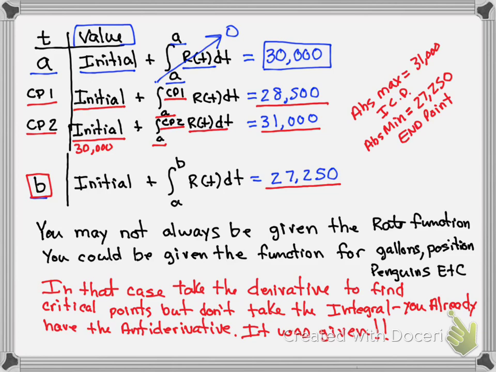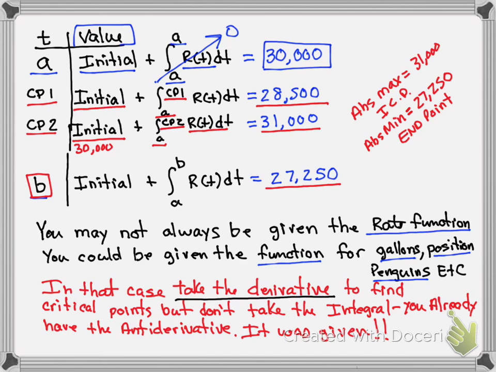Couple of key things to be careful of. You may not always be given a rate function. I've seen questions on the AP test where you're given the function for gallons or position or penguins, etc. So you're given the quantity that's not the rate, but is the desired quantity. If you were looking to find the maximum or minimum, this time you'd have to take a derivative.